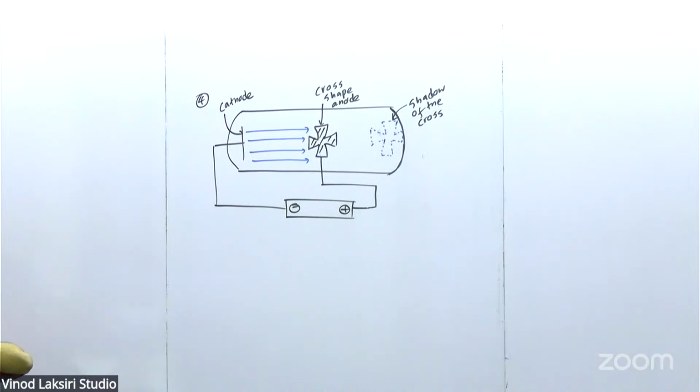Then the conclusion is that cathode rays are emitted from the cathode and they travel in a straight line. Draw the diagram.